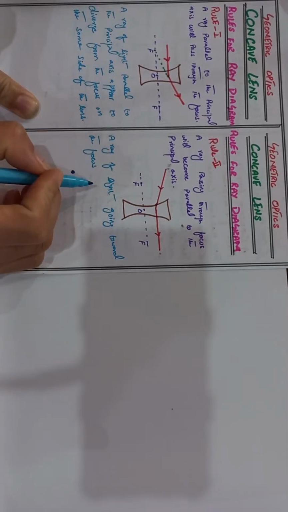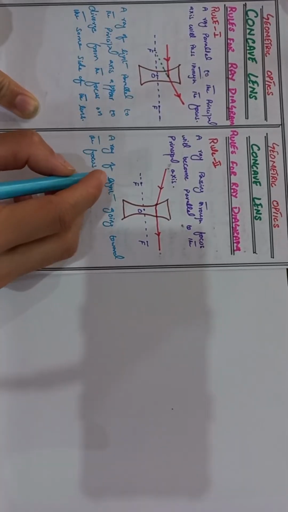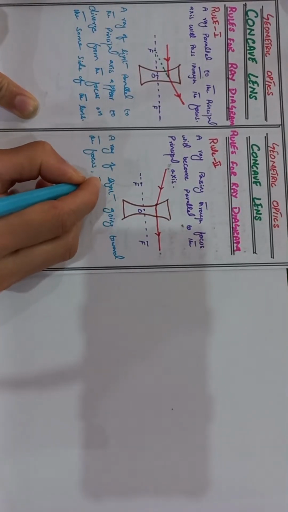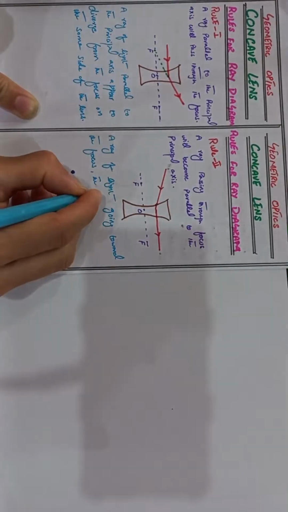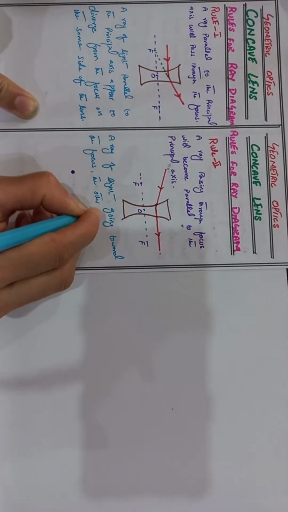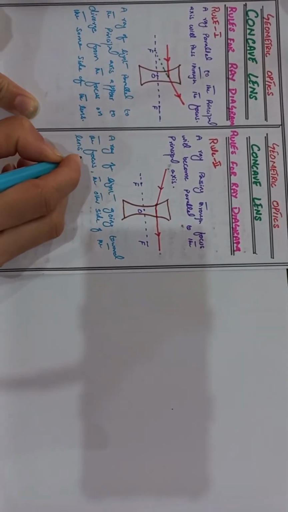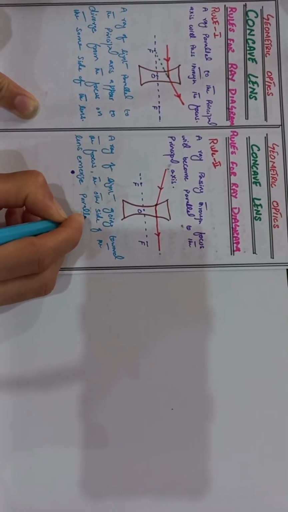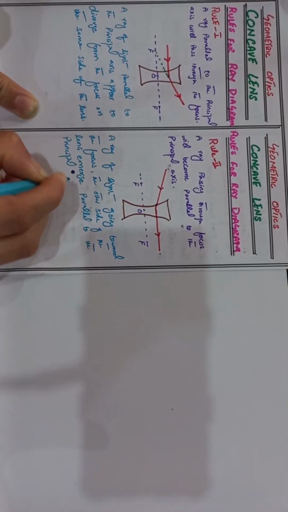A ray of light going toward the focus, on the other side of the lens, emerges or exits parallel to the principal axis.